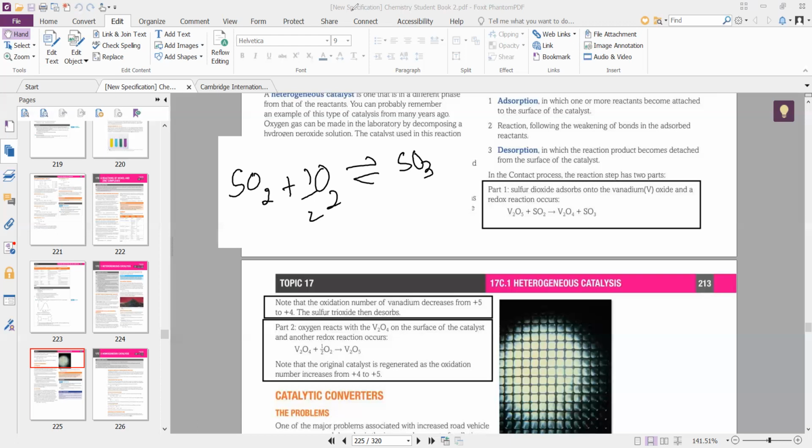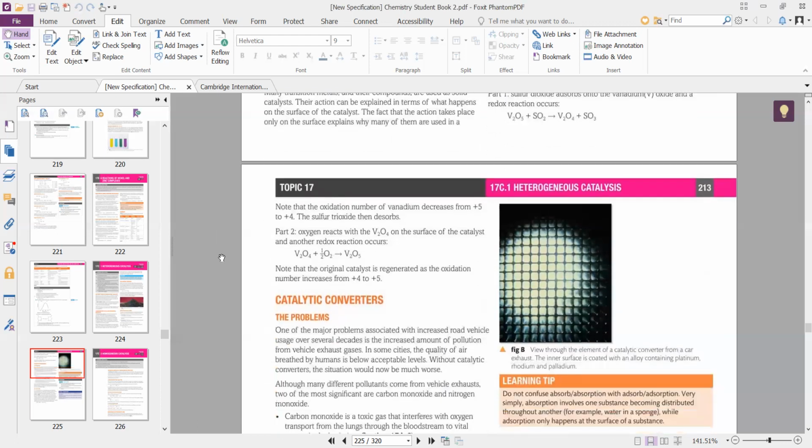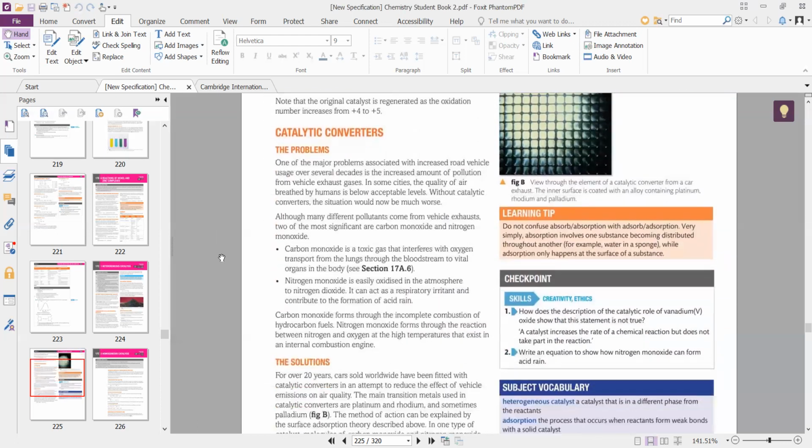Another example is the catalytic converter. What are catalytic converters? The catalytic converter is found in the exhaust pipe of the vehicle. It converts oxides of nitrogen into nitrogen and carbon monoxide into carbon dioxide.